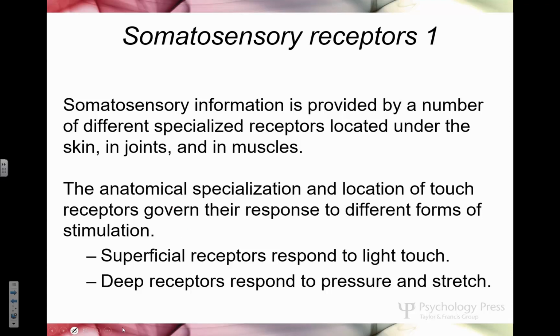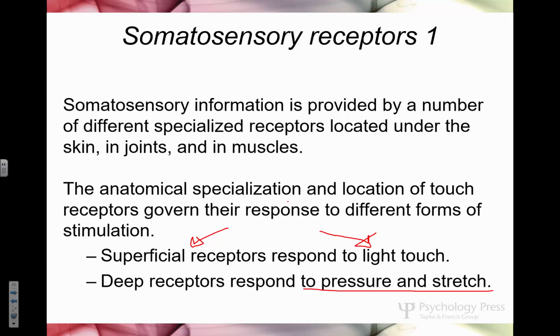I'm not going to ask you to memorize those types, but think about the structure a little bit where we might locate those. For example, if you want something that's sensitive to light touch, you're going to want to put that toward the surface of your skin. You're not going to want to put that deep, because if something is touching you lightly and your receptor is too deep, it's not going to be stimulated. Deep receptors are going to be more for pressure and stretch, for those stronger responses.